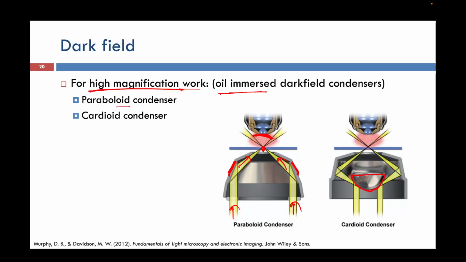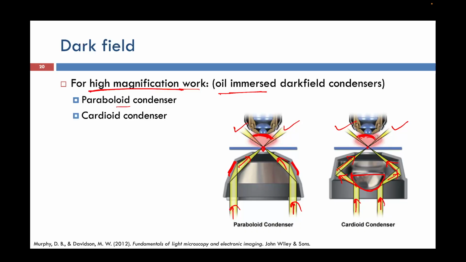When the incident beam goes like this, it hits the spherical surface, changes its direction again, and is focused towards the sample. Whichever I am taking currently, these are the non-diffracted, non-deviated direct beams, and these all are the diffracted.